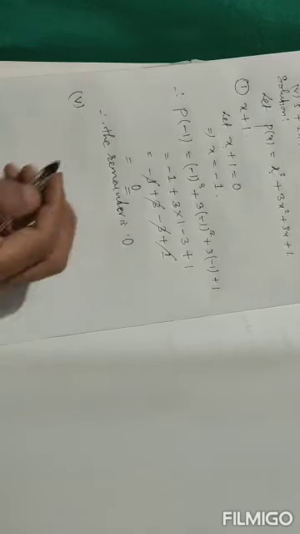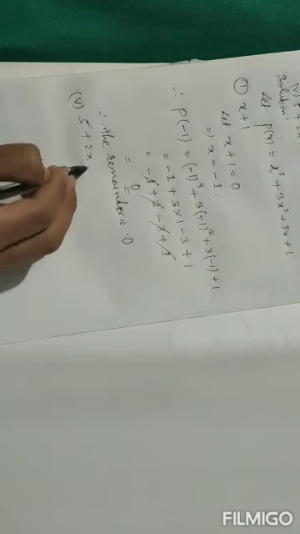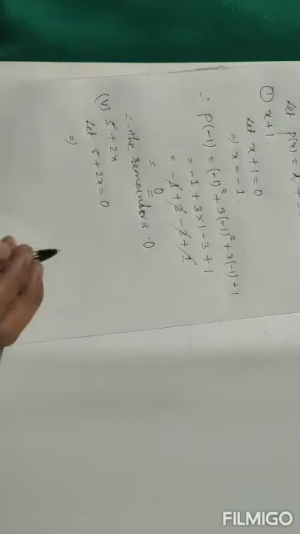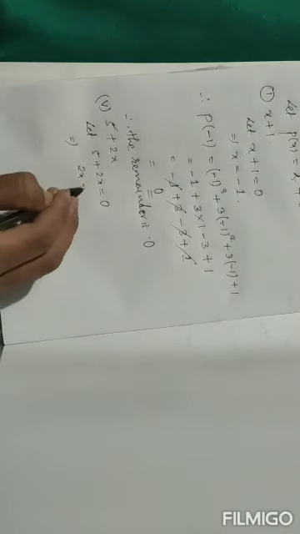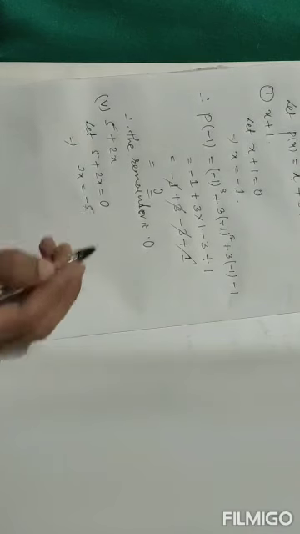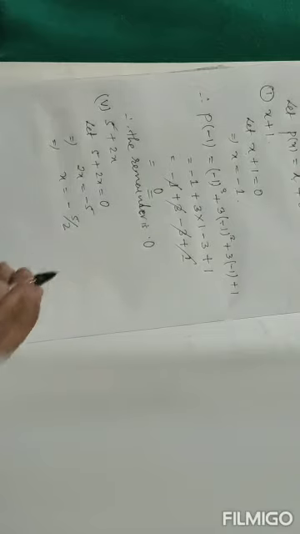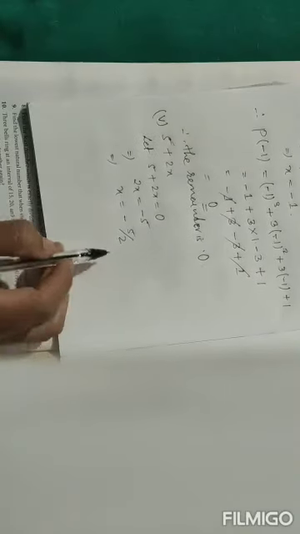Now number 2, 3 and 4, please do them as your homework. I am directly doing number 5. Number 5 is 5 plus 2x. We will assume this to be 0. Let 5 plus 2x equal 0. Then 2x equals minus 5, so x will be minus 5 by 2. This is your a.